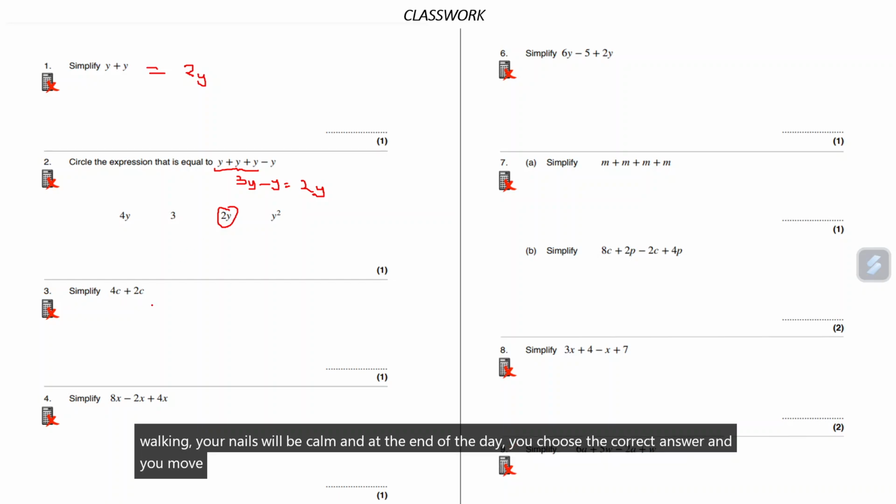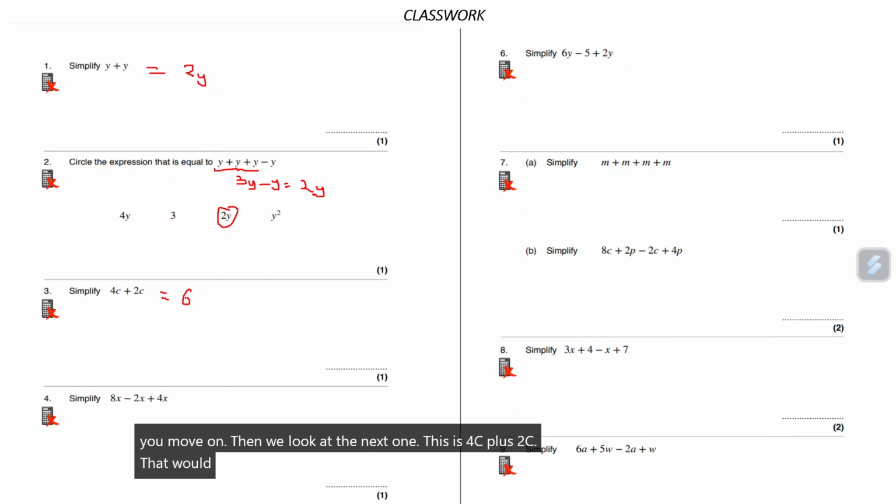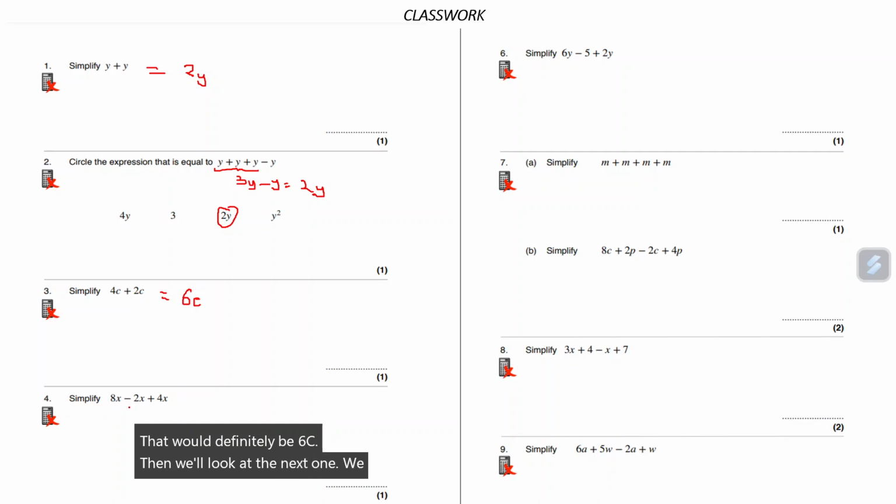Then we look at the next one. This is 4C plus 2C. That would definitely be 6C. Then we'll look at the next one. We have 8x minus 2x plus 4x.